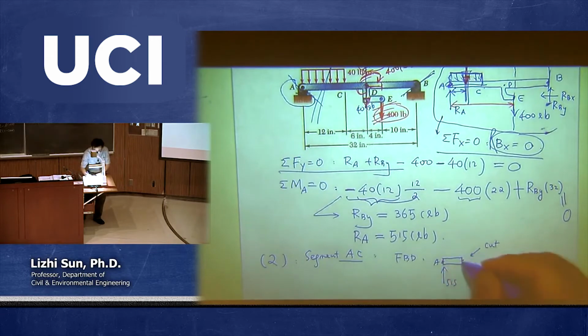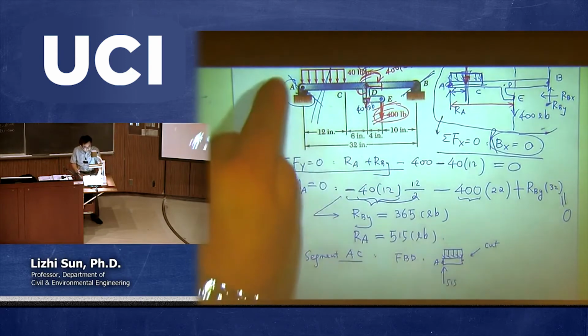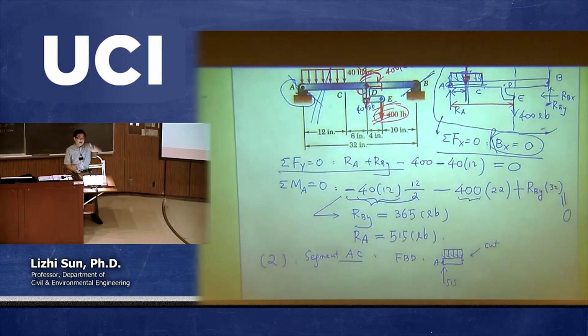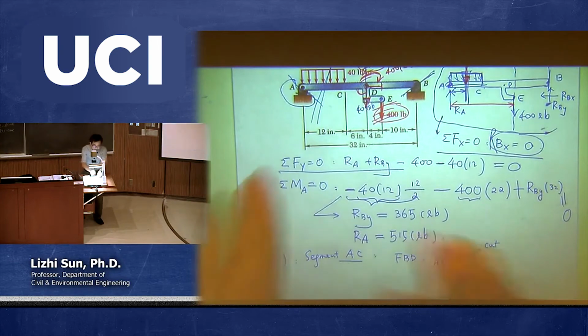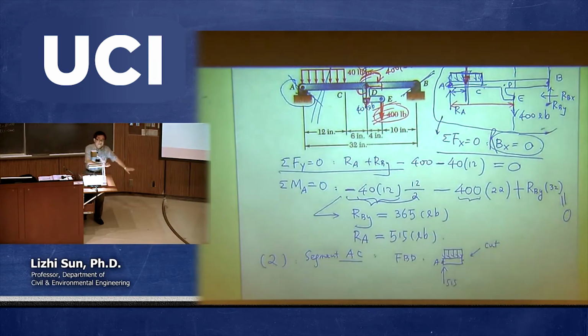And between A and this cutting point, I have a distributed load. So this distributed load is now part of the whole load from A to C, because I cut it. The distributed load will be split into somewhere on the left side and somewhere on the right side. I only look at the left side. So now I need to identify the location of this cutting point. The cutting point can be 0.1 inch, 0.2 inch, all the way to 12 inch.